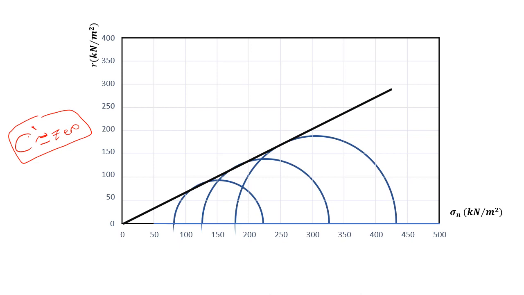This is a fact for normally consolidated clay, so that when you draw your tangent to your three Mohr circles, it's expected that the tangent will pass through the origin point, so that the intercept on the y-axis is equal to 0. However, for over-consolidated clay, the C prime is not equal to 0, it's more than 0. It can be 20 kilopascal, 50 kilopascal, 40 kilopascal, so your tangent will not pass through the origin point.